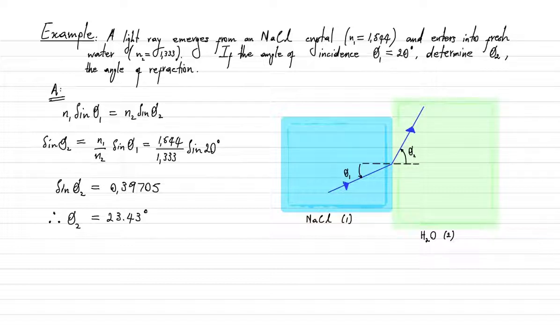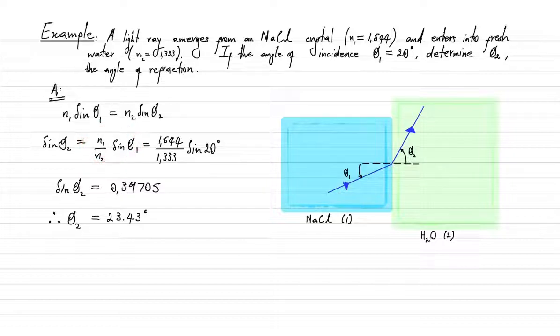Well, this is where we use Snell's law. Snell's law tells us how the angles are related. They're not directly related, but they're related through the sine function and the index of refraction. If we shuffle this formula around and make sine theta 2 the subject of the formula, we will end up with this.